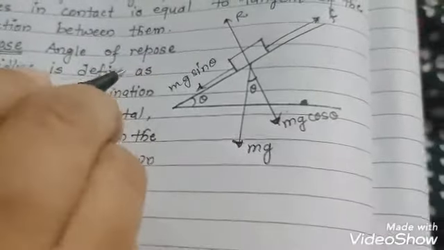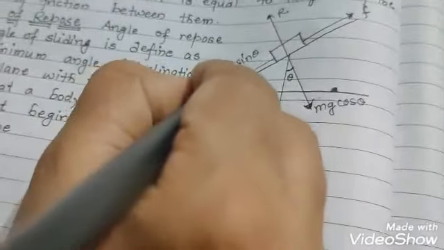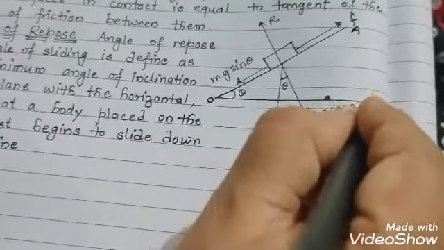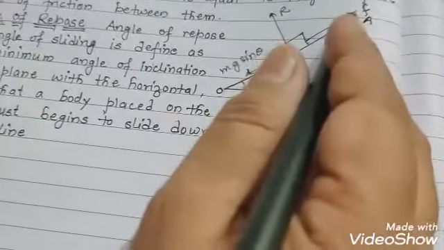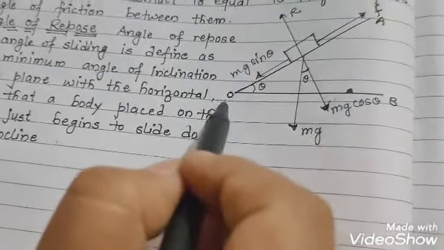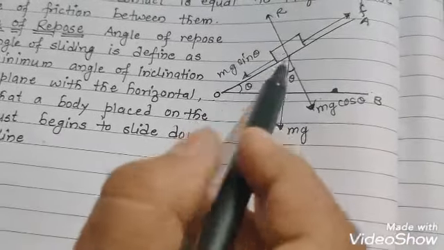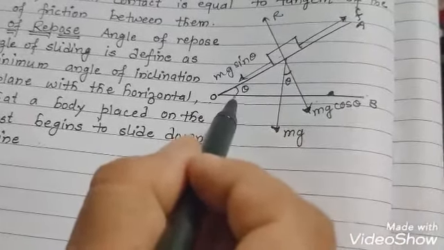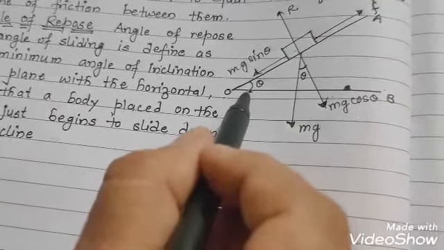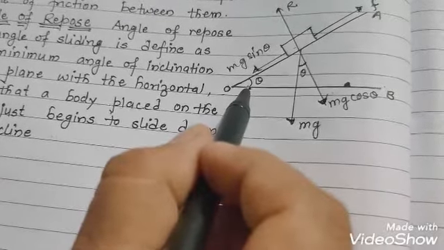Consider this plane as OA, which is making angle theta with OB when this body starts sliding. So this angle theta, the minimum angle of inclination, is called the angle of repose or angle of sliding.